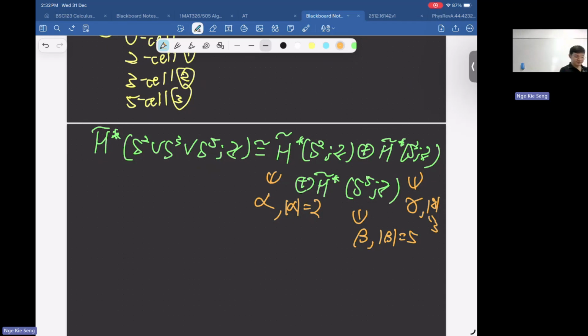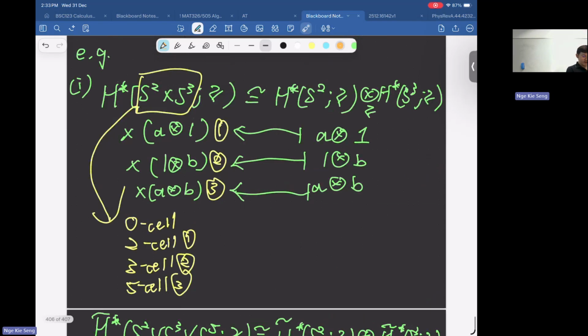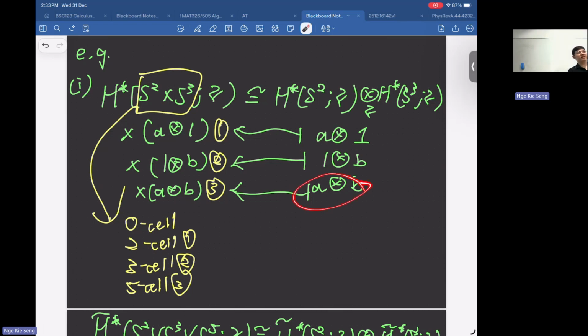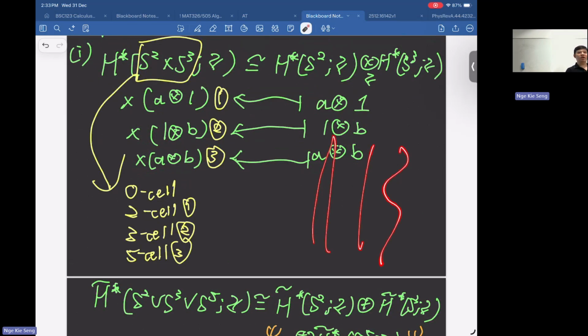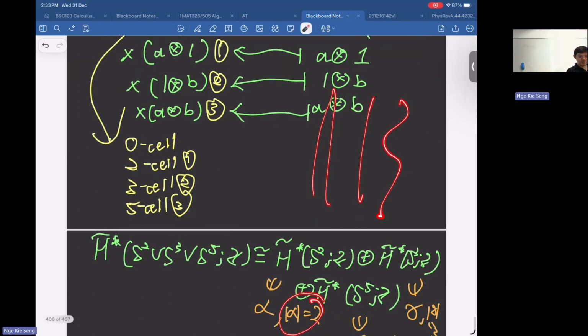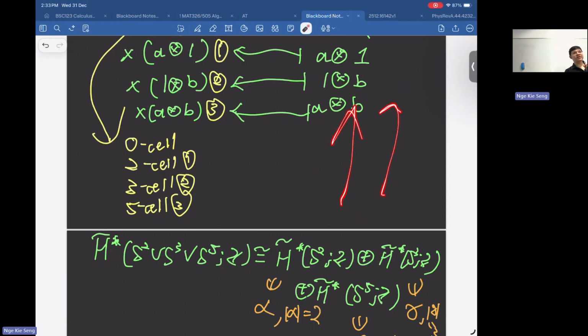But then what do you see here? You can see that A cross B is non-trivial. But here, if there's an isomorphism between these two rings, the degree 2 and degree 3 elements should get sent to the same degree 2 and degree 3.